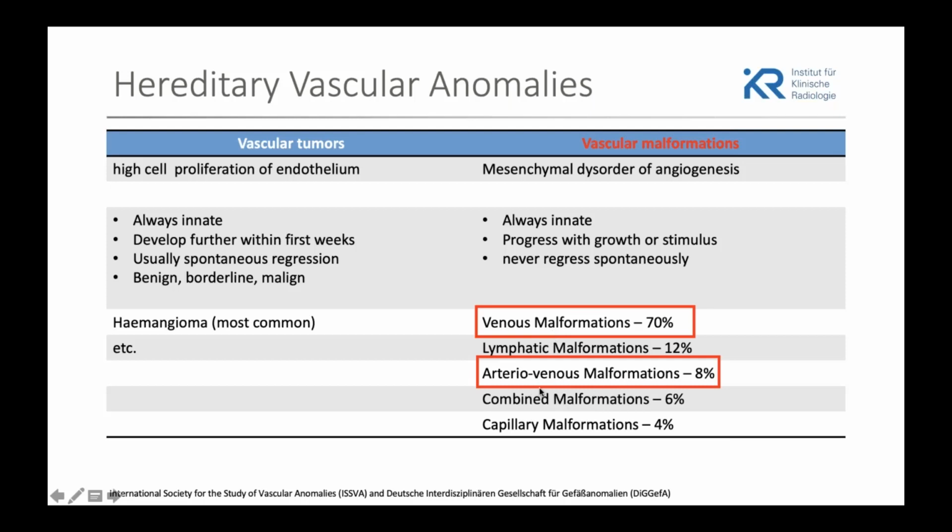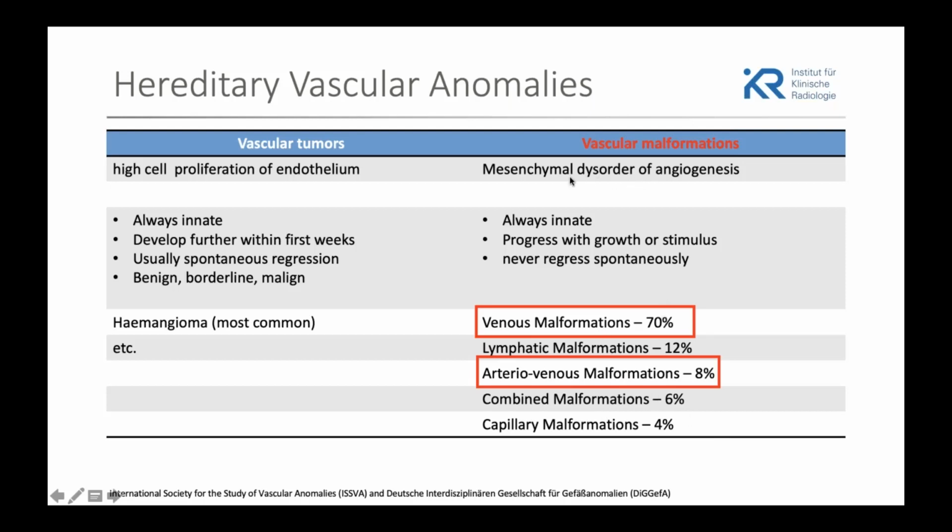In arteriovenous malformations, instead, you have an arterial inflow, a fast flow inflow in these lesions. And the reason to distinguish both of them is that you treat them completely differently, and the prognosis is completely different in either case.